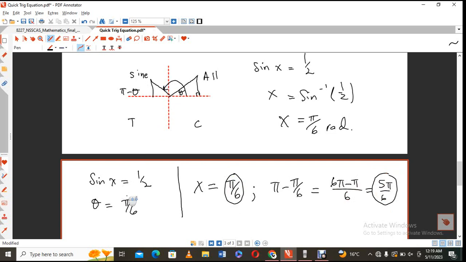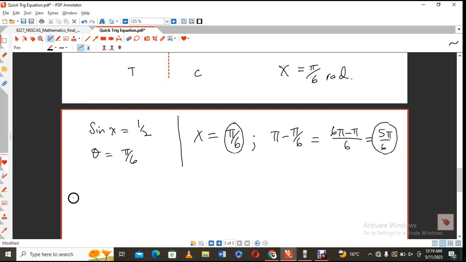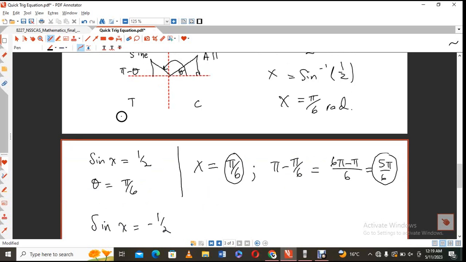Of course, remember, we also had sine equals negative 1/2, and from our CAST diagram we know that sine will be negative in the third quadrant over here, which means the angle we're going to look at will be this reflex angle, which is pi plus our angle. So one of our solutions here would be pi plus our reference angle, pi upon 6, which gives 7 pi over 6 as one solution.